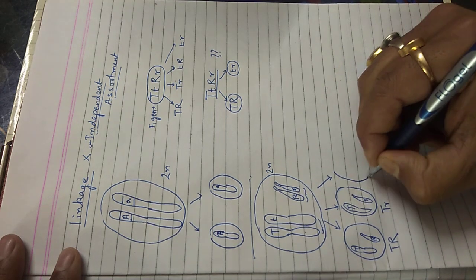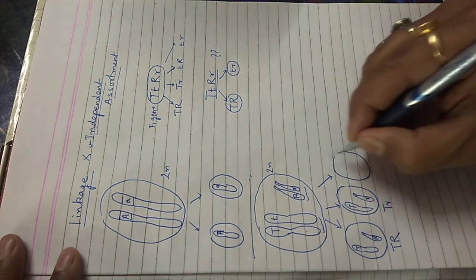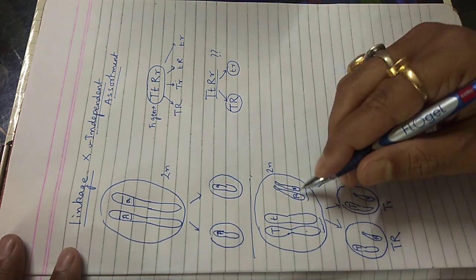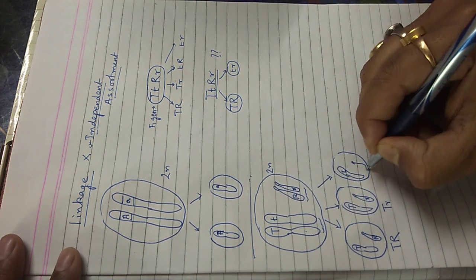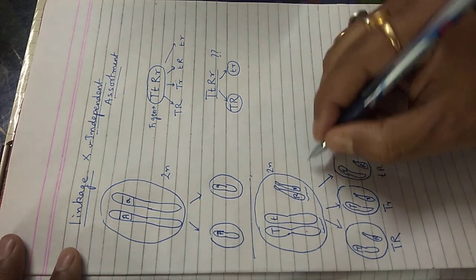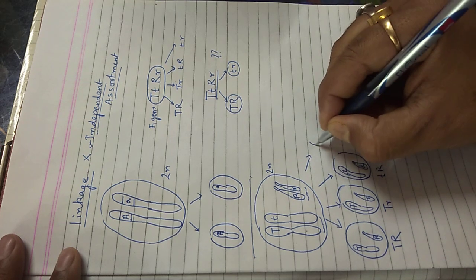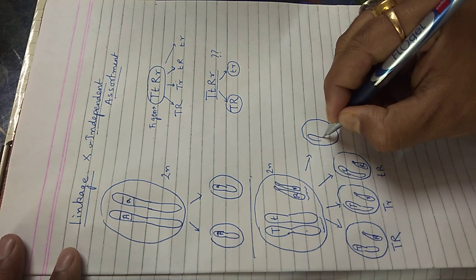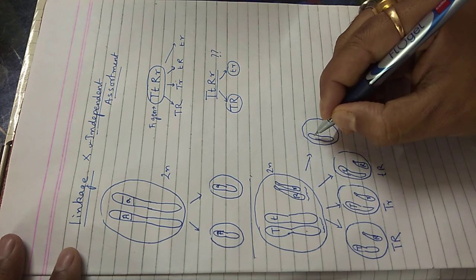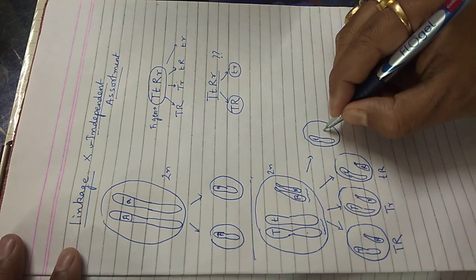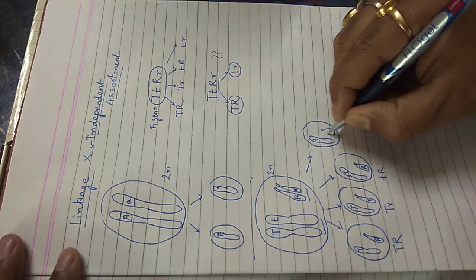Similarly, there may be a probability that the chromosome carrying small t comes in, and from this pair the chromosome carrying capital R comes in. So we get the combination small t, capital R. Similarly, there might be a possibility that small t comes in from this pair, and small r comes in from this pair.